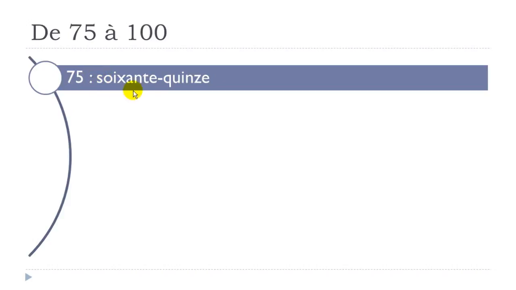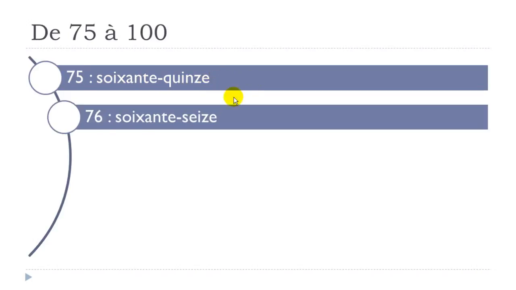You will have to put this 60, and then the numbers from 10 to 19 after. Okay, so in that case it's 75, 60, and then 15. Next one, 76, so 60 and 16, all right.